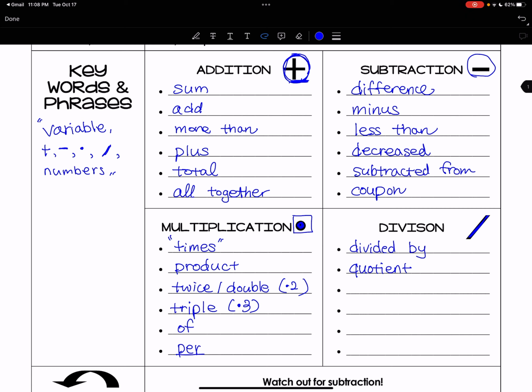So quotient of 2 values, then you're going to turn those 2 values into a fraction. And when you see half, you're dividing a value by 2, you see third, then you're gonna divide that value by 3.